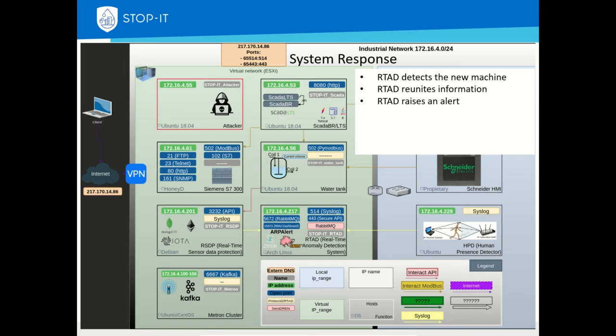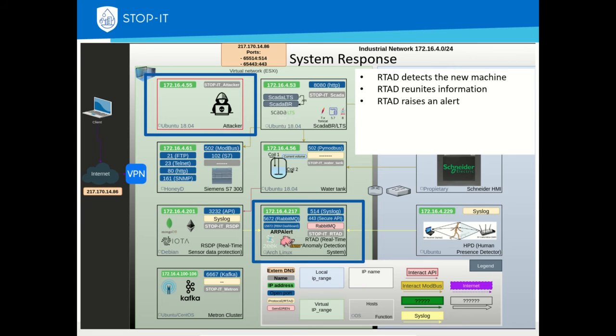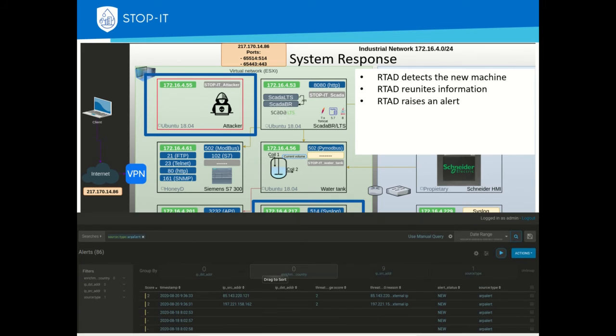When the adversary enters the network with his own machine, the AirTag detects the new host, reunites all the information available, and stores it. The information is then classified as anomalous via a CM rule, and AirTag raises an alert. Here, you can see the graphical interface where the alert will be shown.